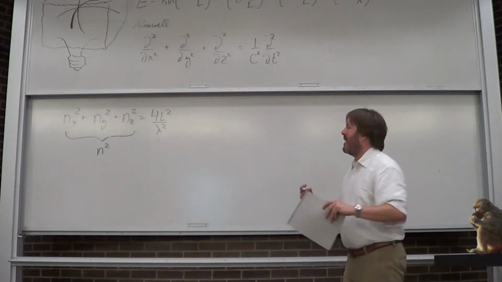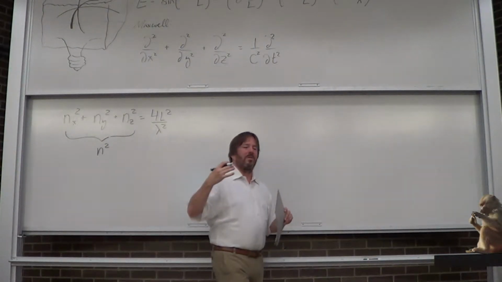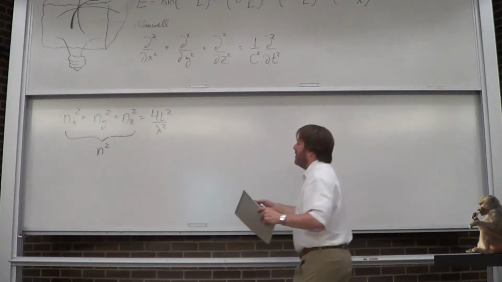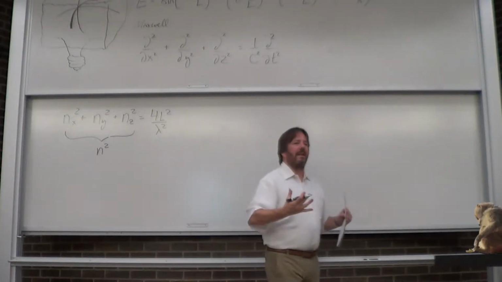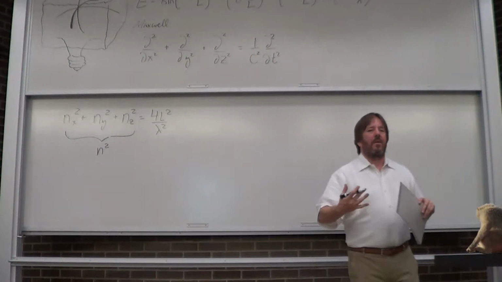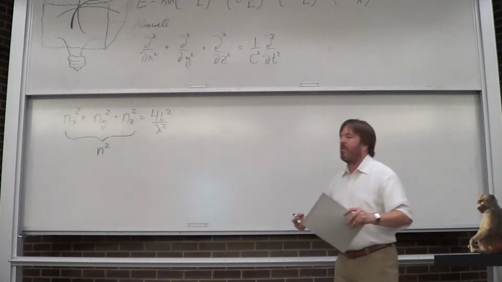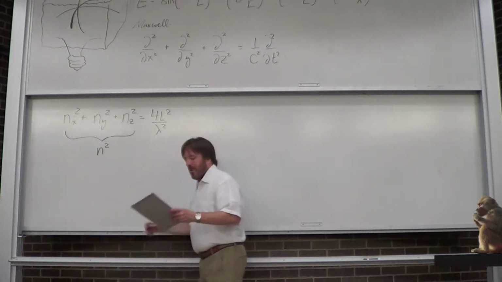So it looks like we have a similar situation. We've got this index that goes 1, 2, 3, 4, 5, 6, 7 to infinity. I've got 3 of them, and so I can give them a radius. The radius squared is x squared plus y squared plus z squared. So this n squared is x squared plus y squared plus z squared.